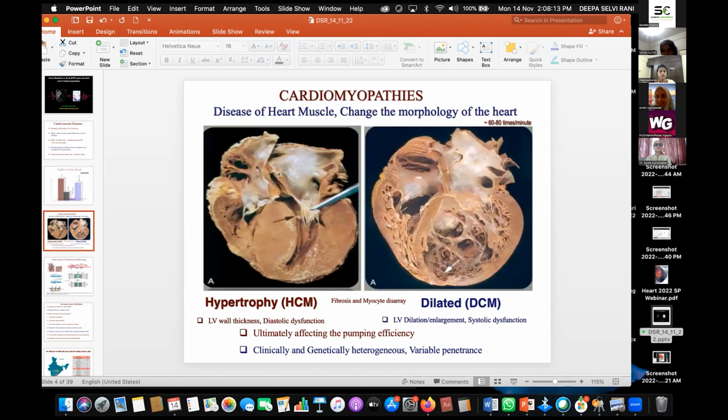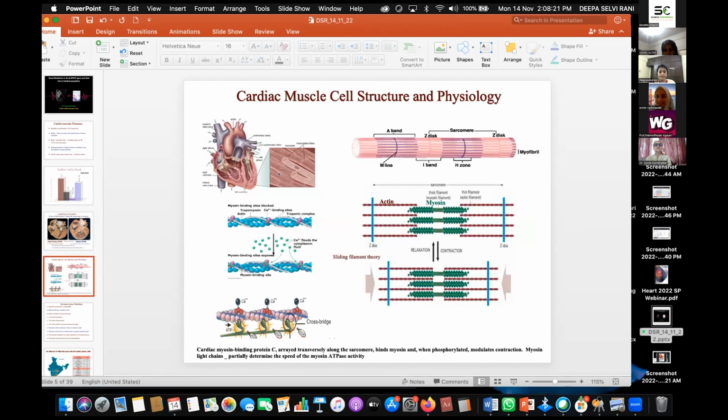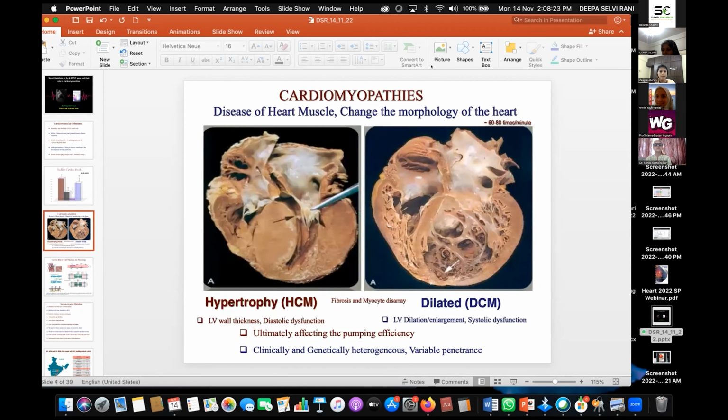Based on the morphology, it is classified into hypertrophic and dilated cardiomyopathy. In the case of hypertrophy, the left ventricle gets thickened. Here you could see. And in the case of dilation, it's the dilation or enlargement of the left ventricle. Sometimes it happens to the right ventricle also.